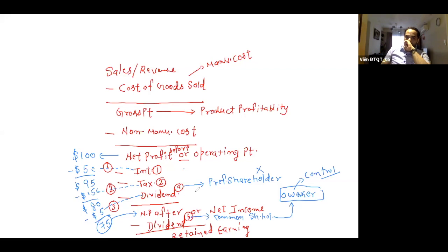Operating income, or operating profit, means net profit before. Once we got net profit after, we're gonna minus dividend. Let's say dividend for common shareholders is $5. So $70 is my retained earning.